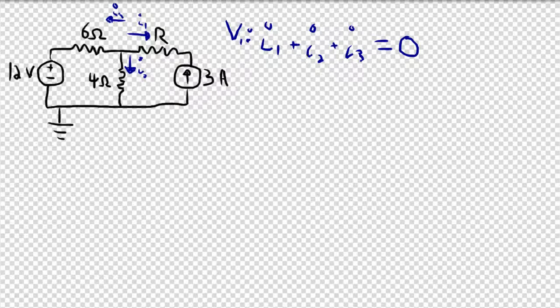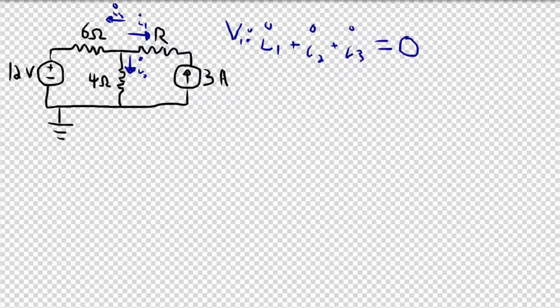So let's start with I1, because it's by far the simplest. This guy right here, in case you've never seen one of those before, is a current source. What a current source does is it sets the current in a branch to something specific. In this case, 3 amps. That means we know for a fact that there's a current of 3 amps going this way. So we already know what I1 is.